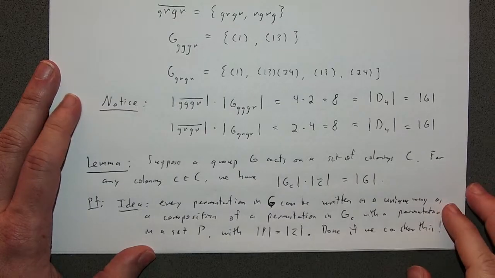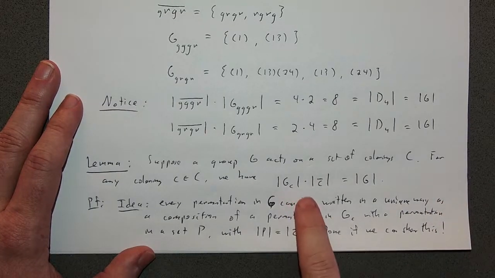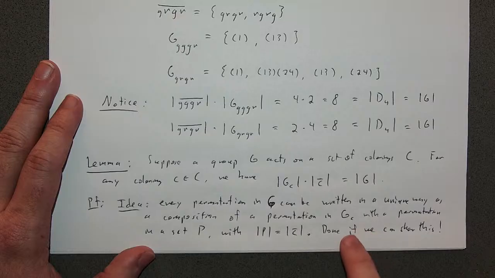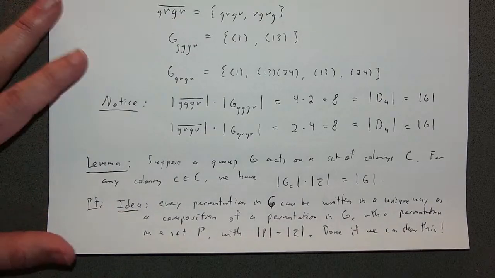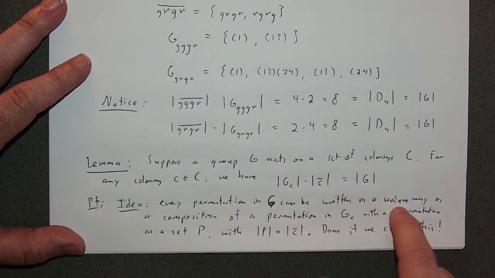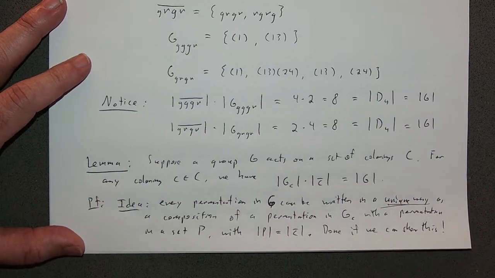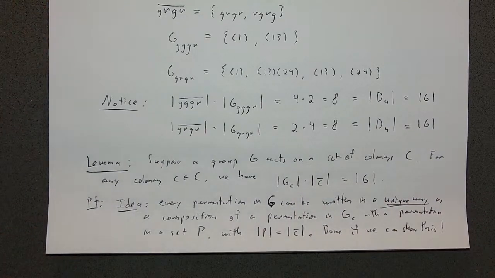Why? Well, by the multiplication rule, our second way of counting things, if every permutation in G can be written in a unique way, that's important, because otherwise we would have to worry about double counting. If this was non-unique, we'd have counted multiple representations for the same permutation.